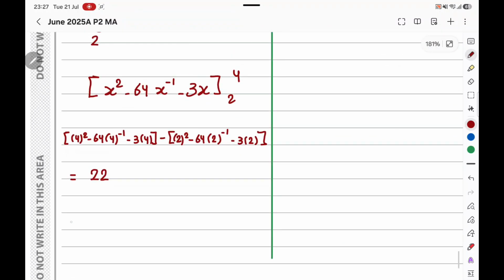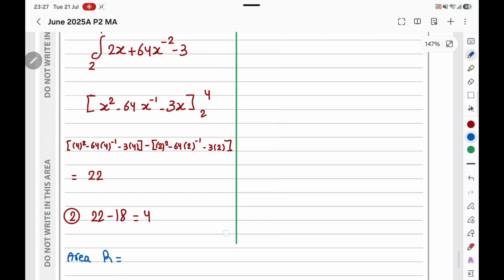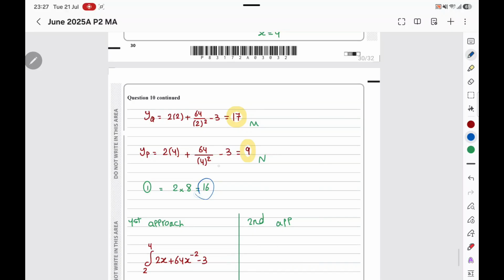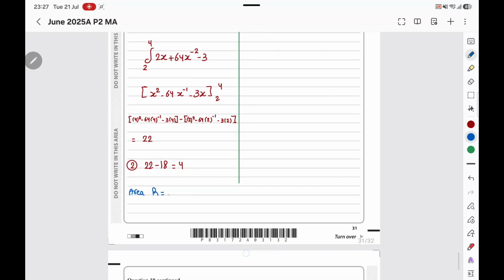So the area of part 2 is 22 minus 18, which is 4. And then the area of the whole shaded region R is equal to 4 plus 16, area 1 plus area 2, which is 20.